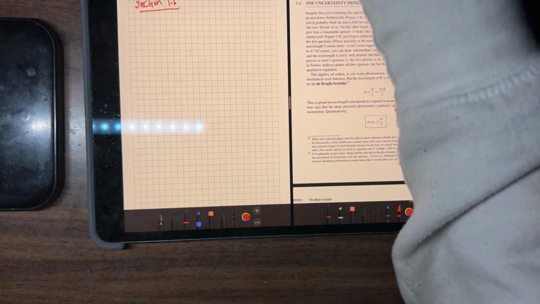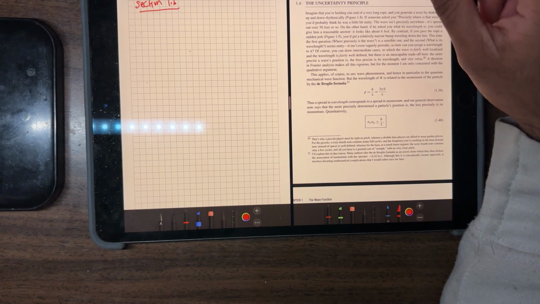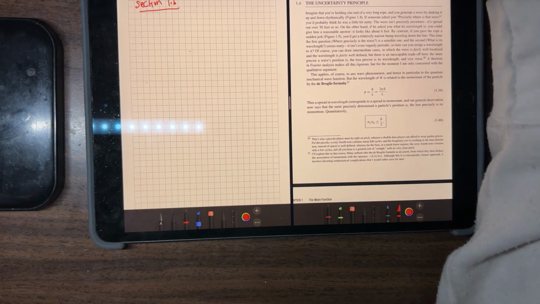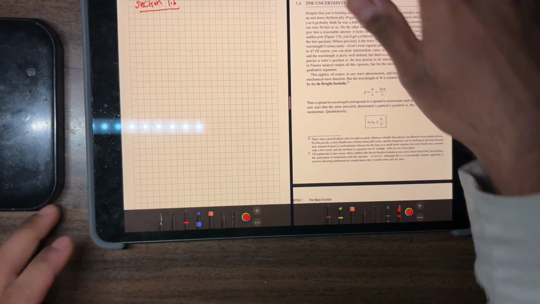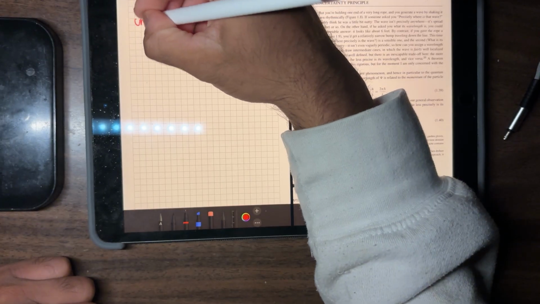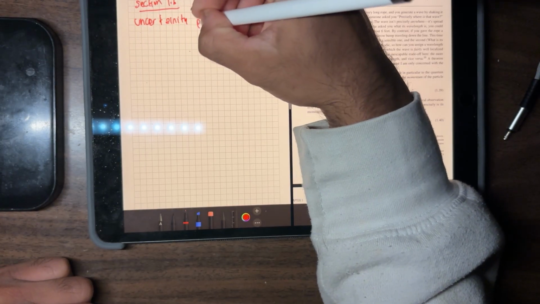Is the uncertainty principle. The uncertainty principle.